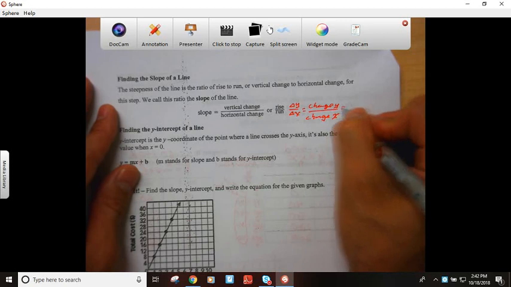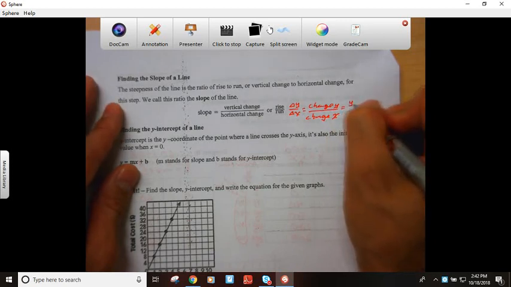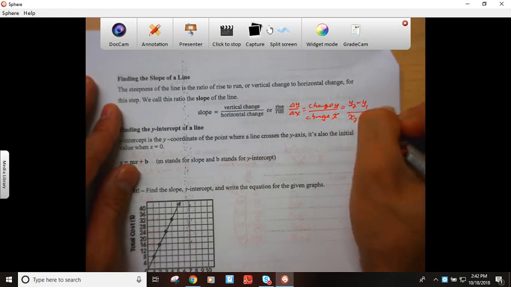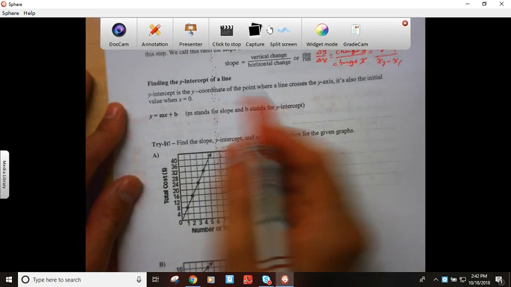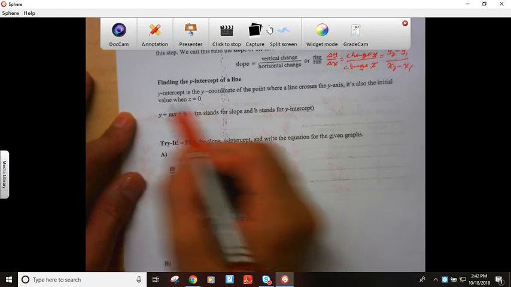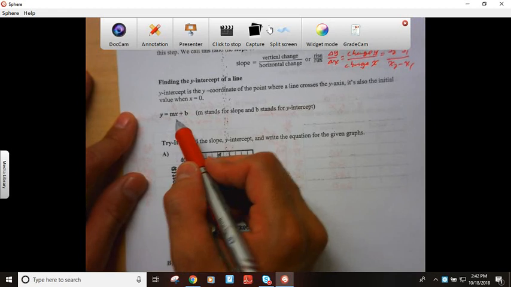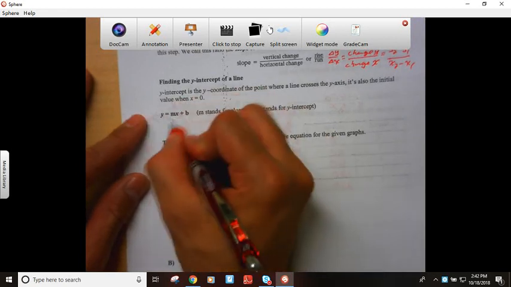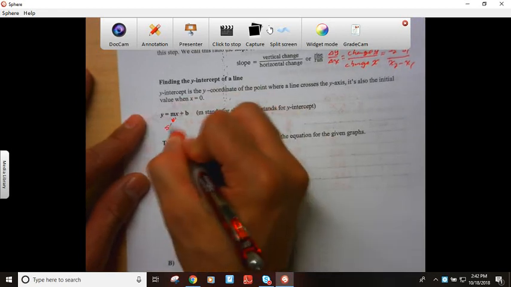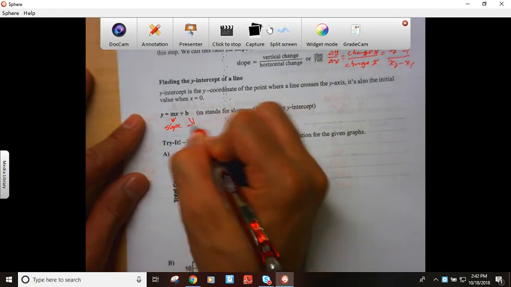It can be called our y sub 2 minus y sub 1 over x sub 2 minus x sub 1. All right, so when we are looking at this, remember your format for a non-proportional relationship. M is your slope, and b is your y-intercept.